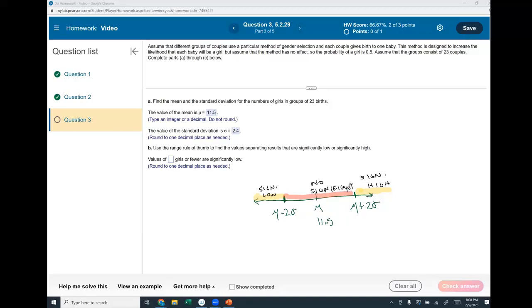Okay, so now we have to figure out what those values are, right? So we have 11.5 plus 2 times 2.4. And here we have 11.5 minus 2 times 2.4. And let's see what those values are.